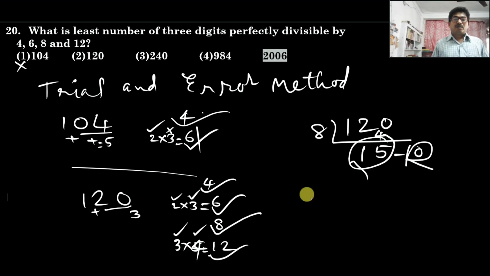We already checked the 3 table and 4 table. 3 4s are 12. That's why it is exactly divisible by 12, children. So 120 is exactly divisible by all these numbers 4, 6, 8, 12. So option 2 is correct. So this is the trial and error method. No need of checking the remaining numbers. We got the correct option.